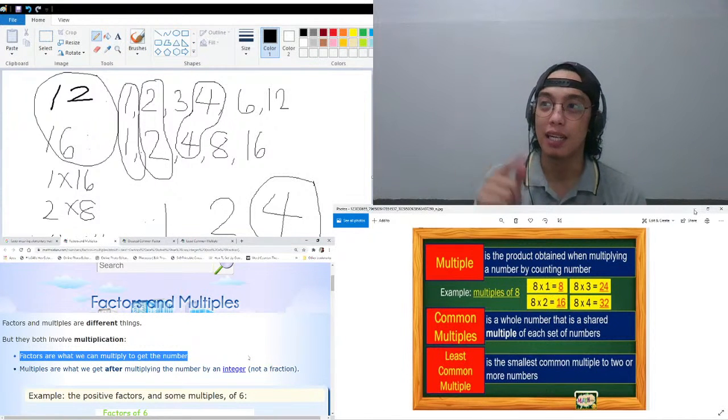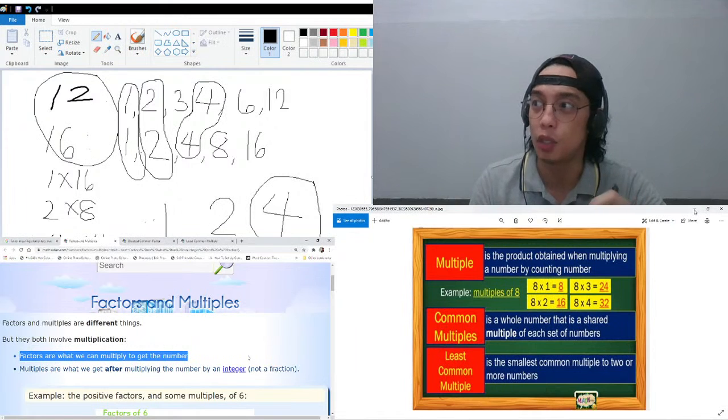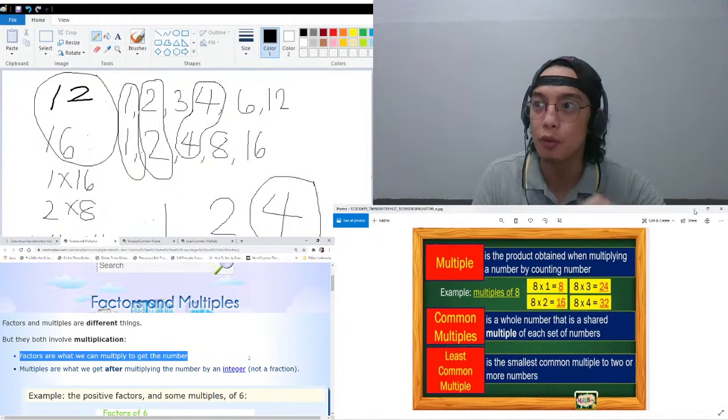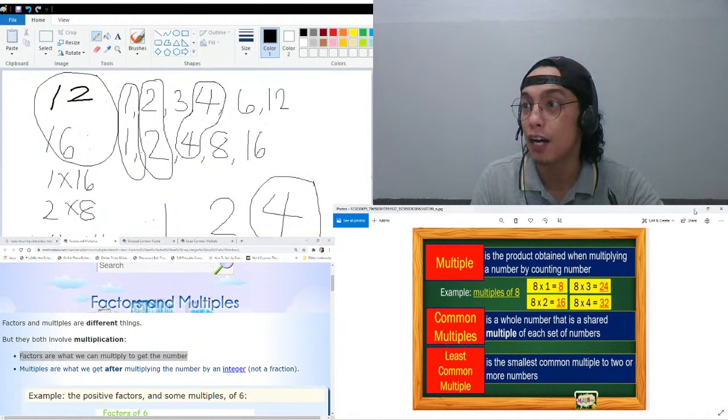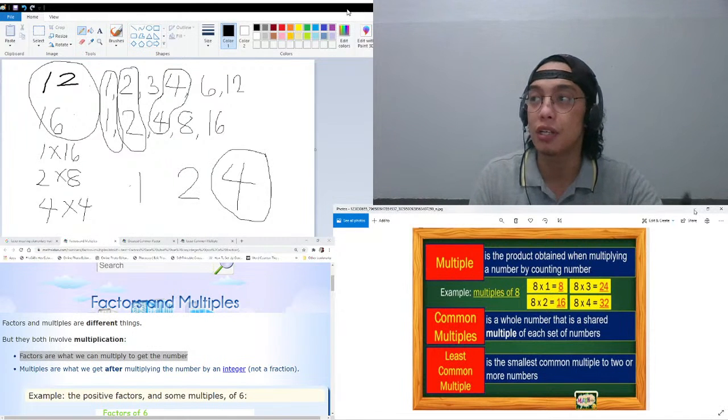That's why kanina sa upper left nato, kanang line sa 12, sila ang mga factors sa 12, mga numbers na ma-result og 12.